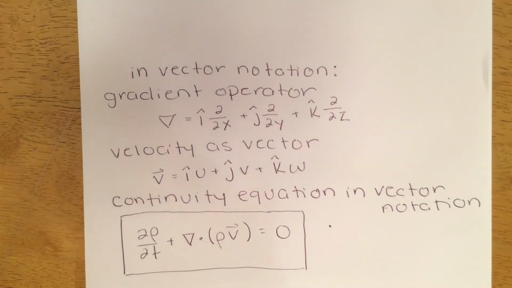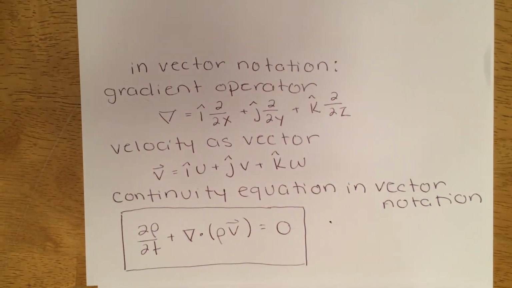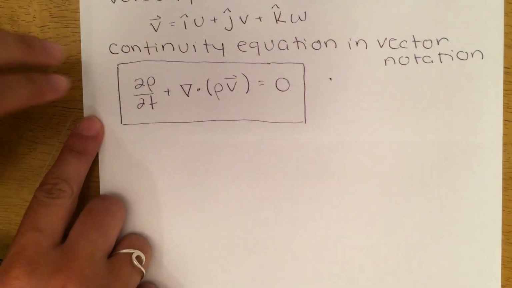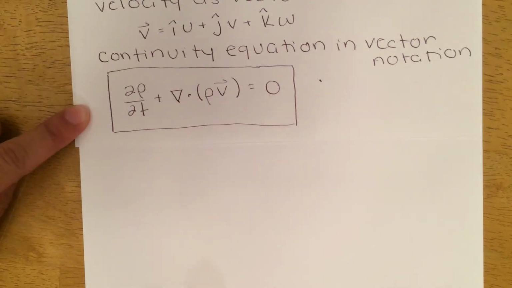There are a couple of common simplifications we can make to the continuity equation. First, we expand using the chain rule.